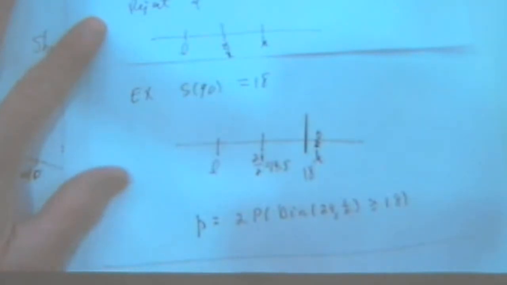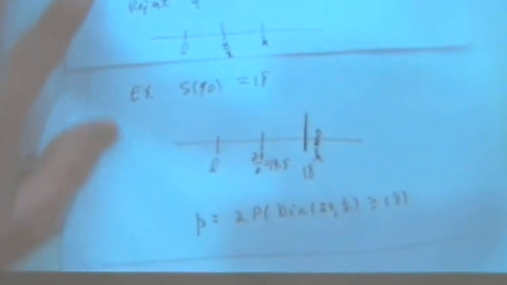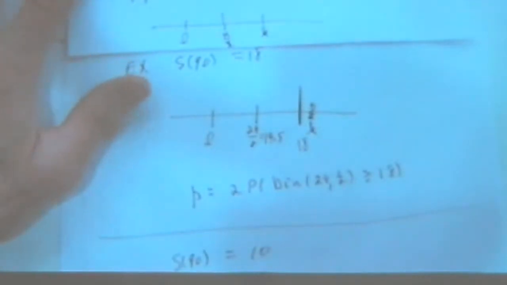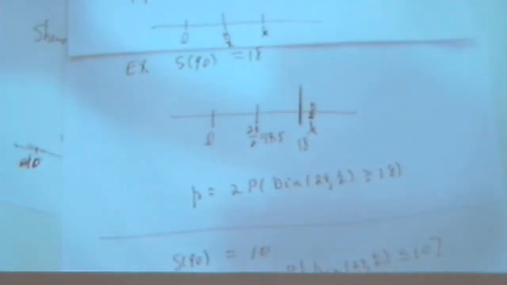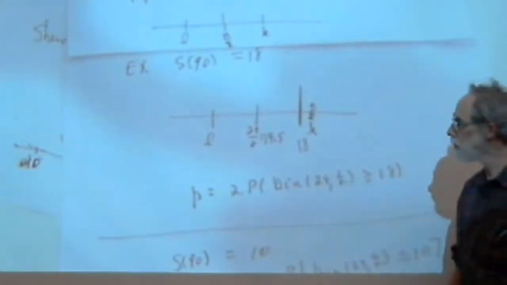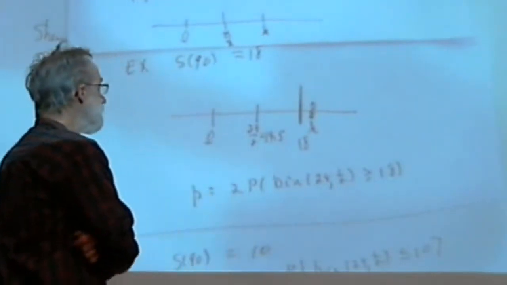Let's say that S of 90 came out to be 10. You're on the downside, and the p-value is twice the probability that the binomial is less than or equal to 10. Okay. Any questions on that?